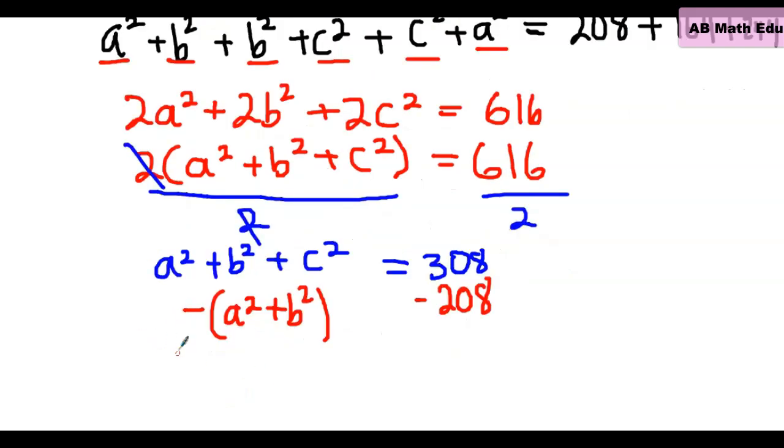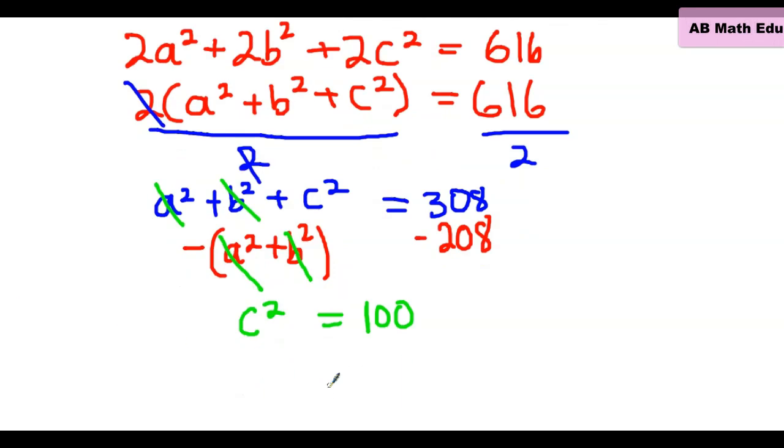If that is the case, this and that will go away, and this and that will go away, so that will help us to get our c squared equals 100. Now we have found our c squared, so that makes the work much easier.